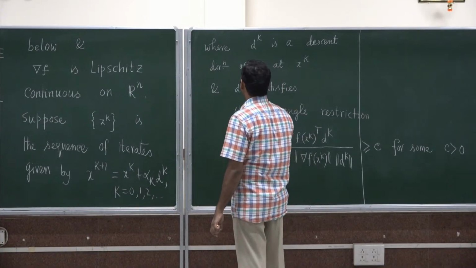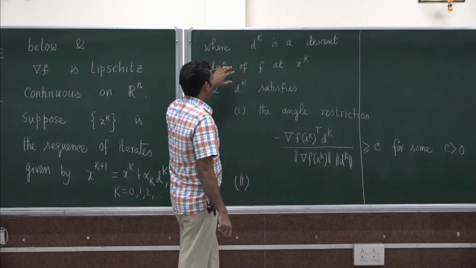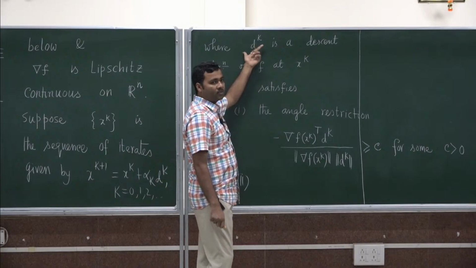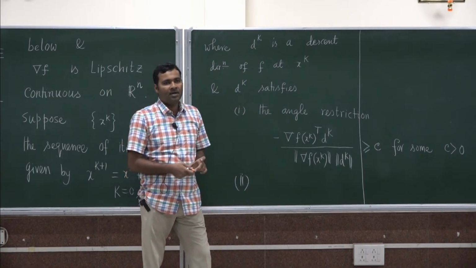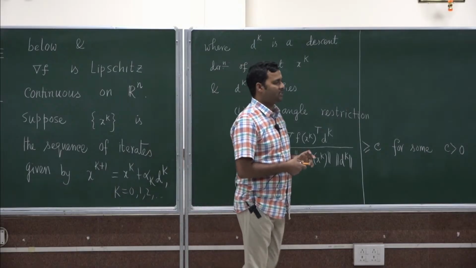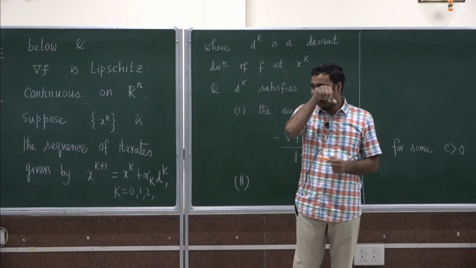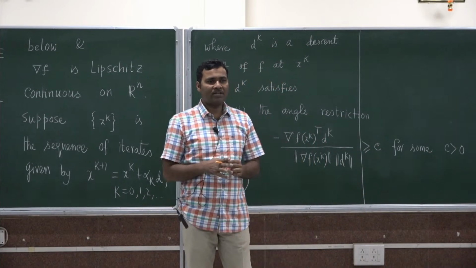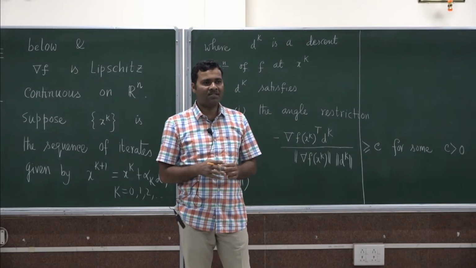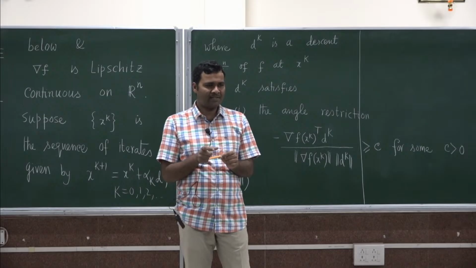dk is a descent direction, and additionally this sequence of directions dk we are considering to be bounded above. But this does not lose any generality, because even if I consider dk lies in a compact set, there is no restriction as such, because a direction can be unitized, it can be normalized.